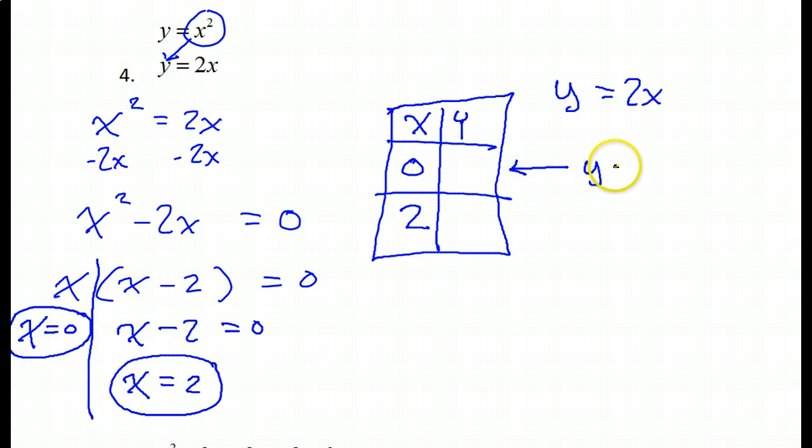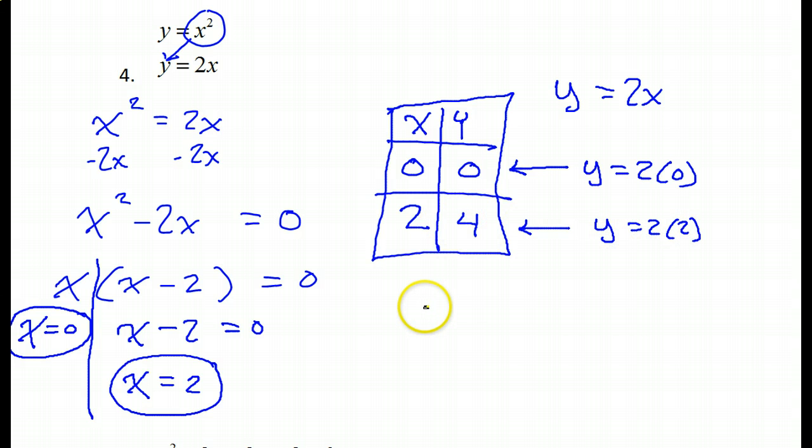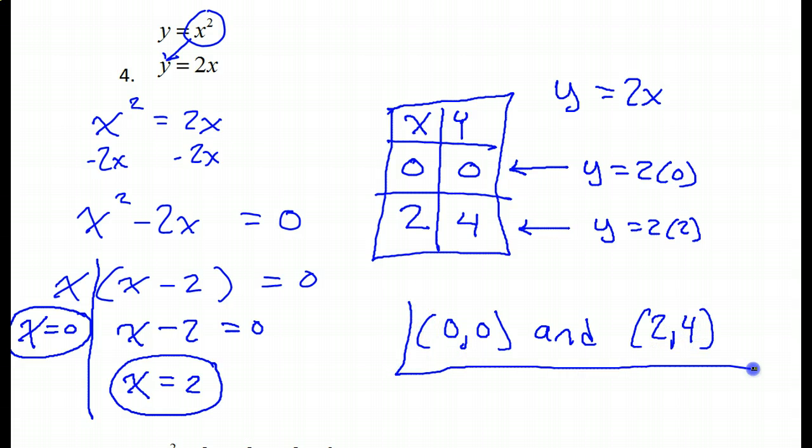So this means y equals 2 times 0, which is 0. And this one means y equals 2 times 2. So that's 4. So my two solutions are 0, 0 and 2, 4. Alright, and that's it for number 4.